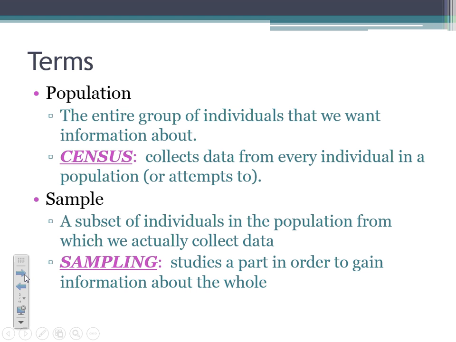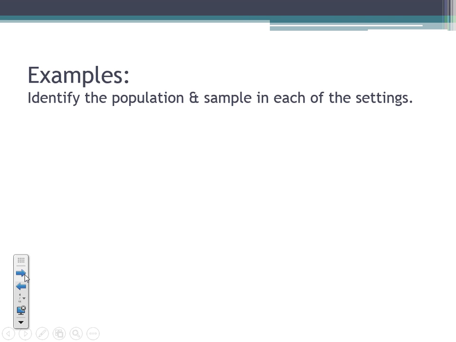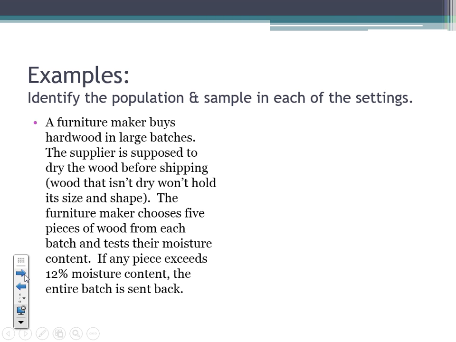So a couple of example problems here real quick, and it's really important that we have the ability in any given situation to recognize what's the population that we're trying to study and what's the sample that we're using to study that population. Within each of these, I'm going to ask you to identify the population and the sample. So we'll do the first one here.